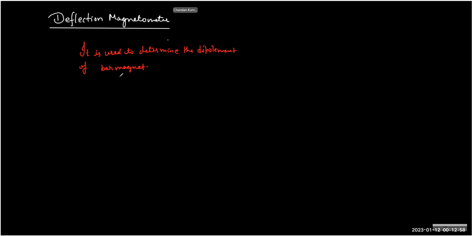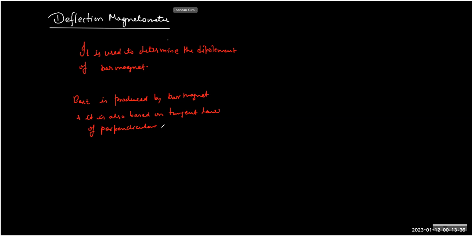What we use here? So we use a bar magnet. So here, the B external is produced by bar magnet, and it is also based on tangent law of perpendicular fields.